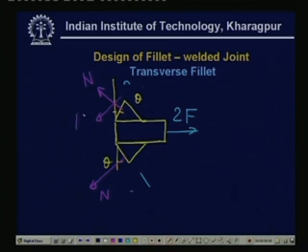Let us denote this by H. Now, if you write down this angle, then it becomes this angle. You see, this angle is theta, so therefore this angle becomes theta.